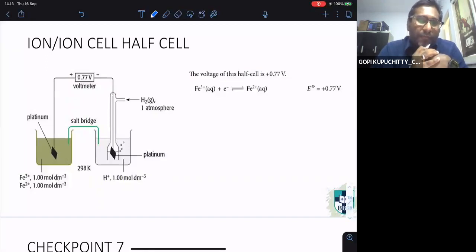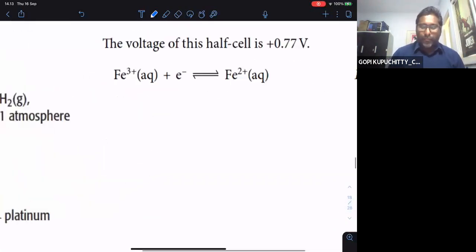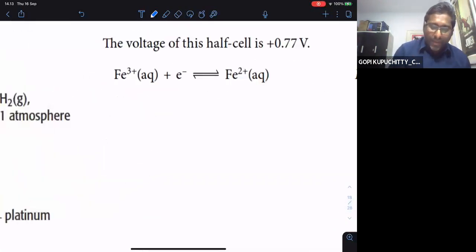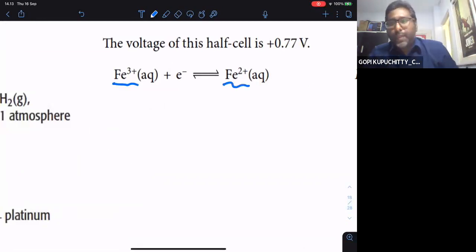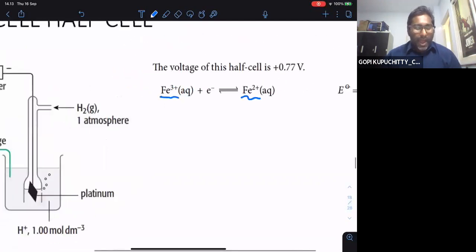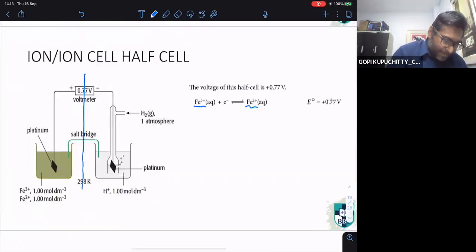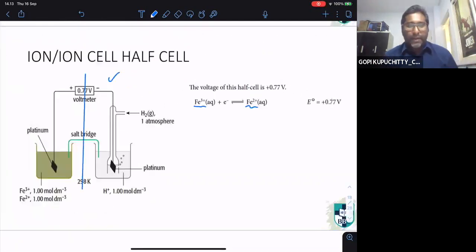For example, if I have this kind of situation where I want to find the E value of this, but you see, this is also ion, this is also ion. So what we need to do is just put both of those ions together. That's it. Half of it is going to be the same, like what we have learned.